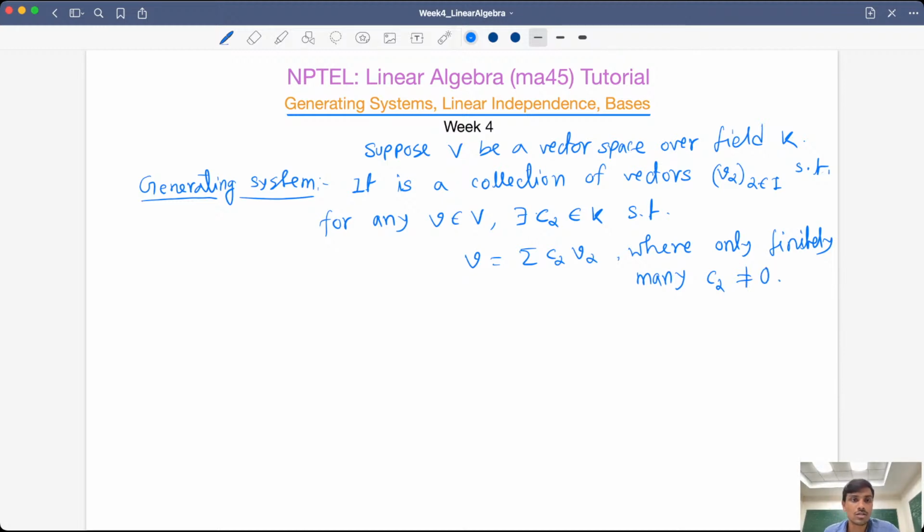In this case we call V alpha a generating set for the vector space V. So this is the first one.